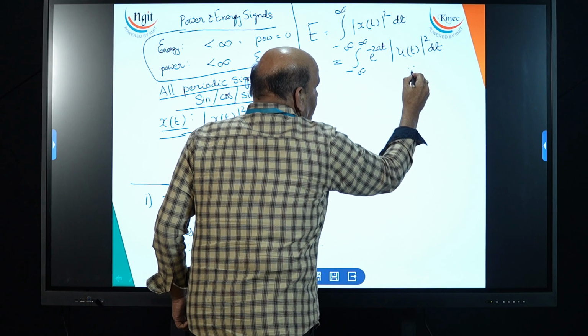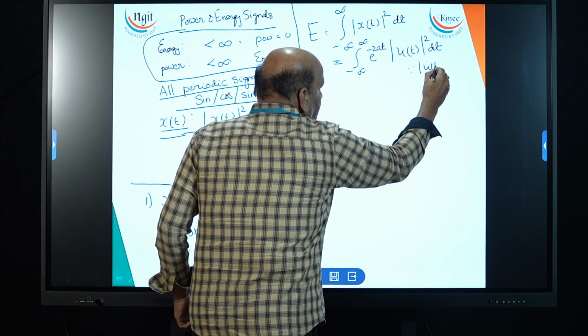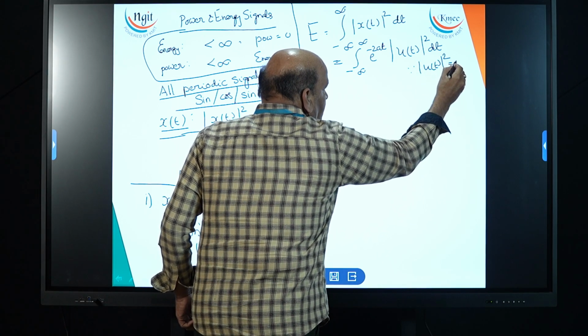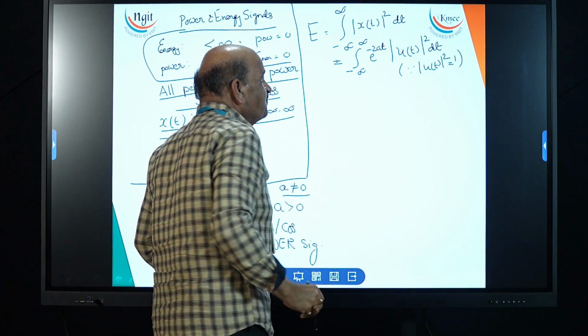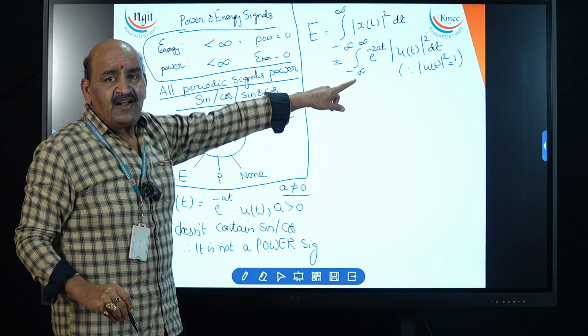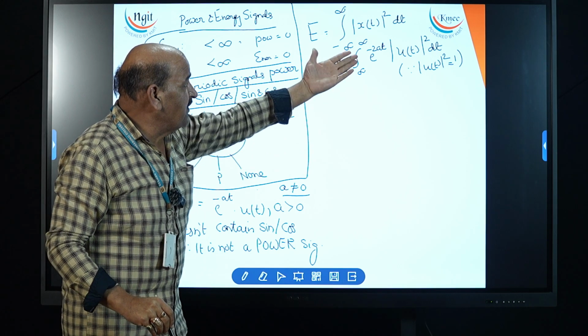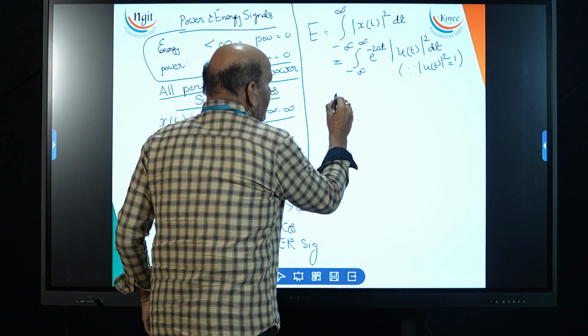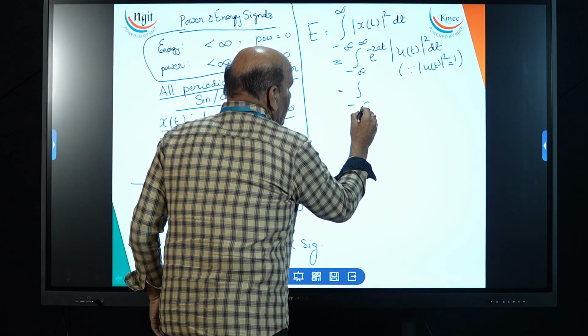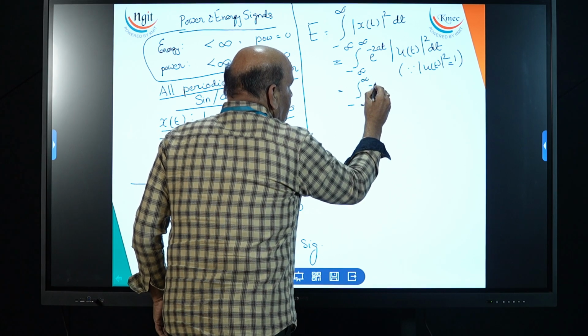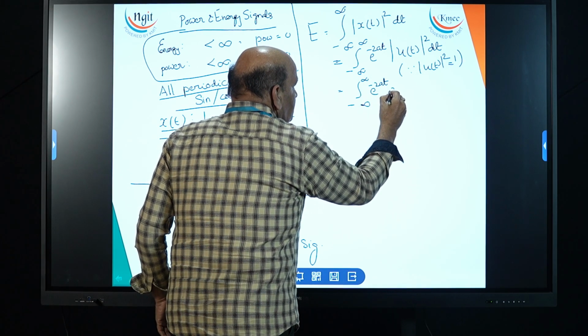The unit step function value is 1, so its square is also 1. So what is remaining is the integral from minus infinity to infinity of e power minus 2at dt.